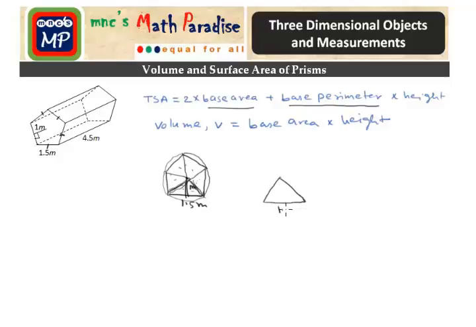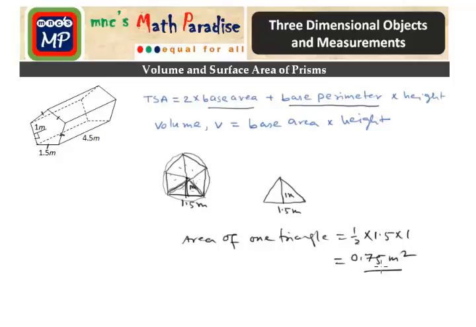Now this one triangle has its base given as 1.5 meter, and its height is given as 1 meter. So the area of one triangle is half times its base 1.5 times 1, that is 0.75 meter square.